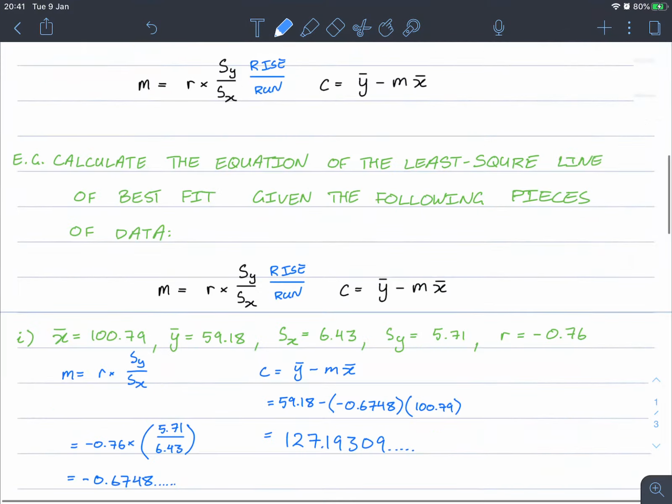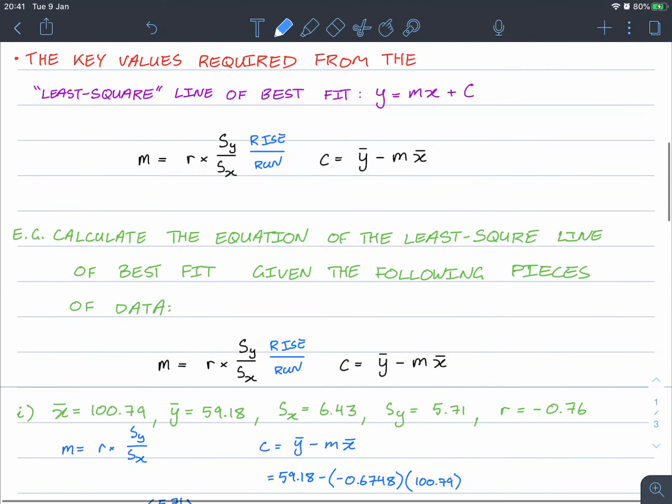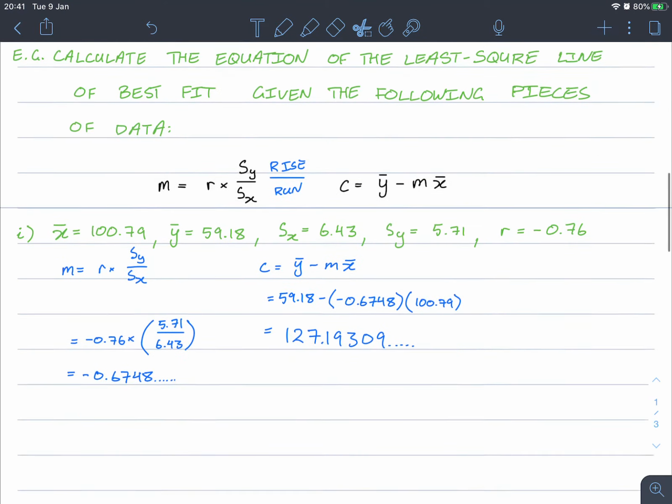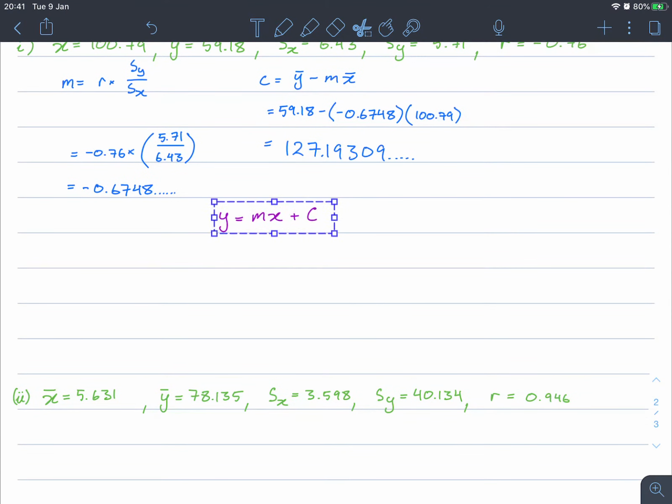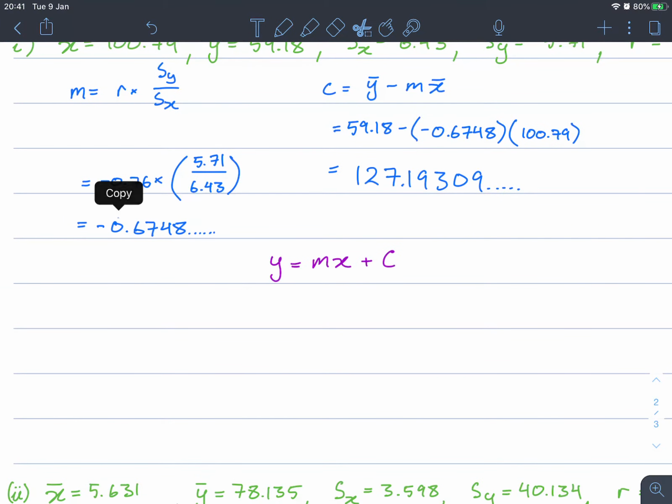Now that we have both those values, we can finalize our equation. We have the m value here, so let's substitute that in. We get y is equal to m. Now I'm going to round this off; for this one, let's round off to 2 decimal places.